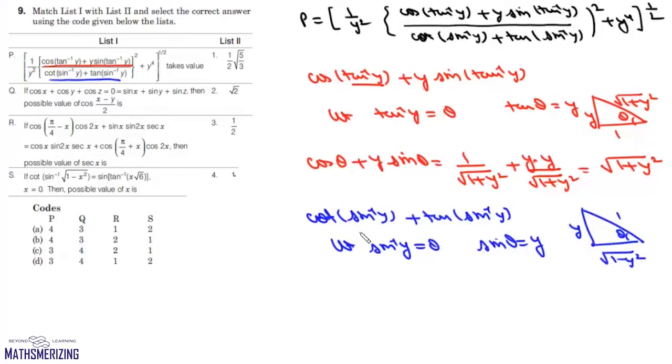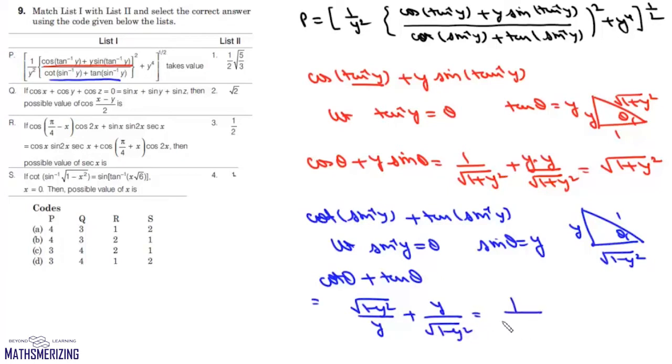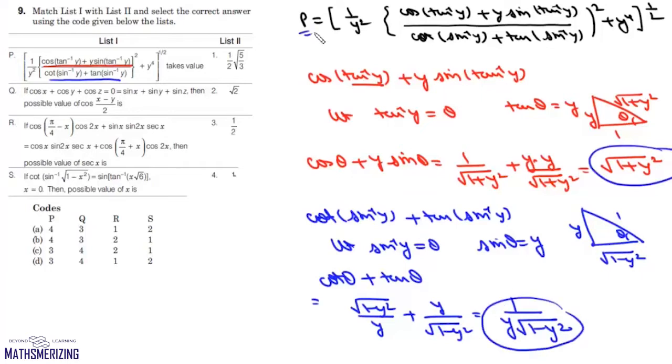Now we need to find the value of cot theta plus tan theta. Cot theta is under root of 1 minus y square upon y, and tan theta is y upon under root of 1 minus y square. So it will be 1 upon y into under root of 1 minus y square. Now we'll put these two values in the expression and find the value of P.